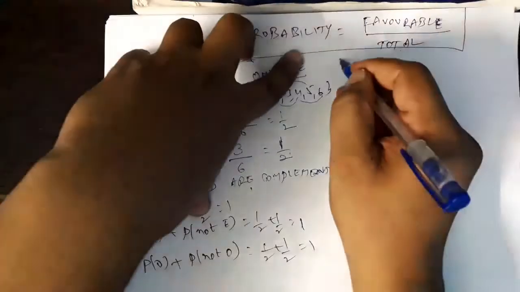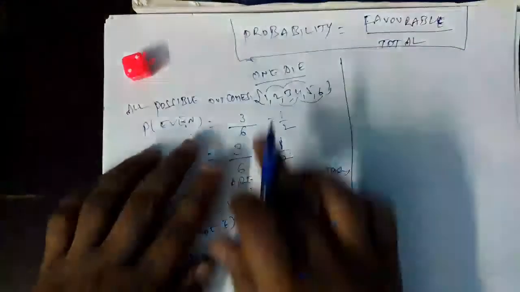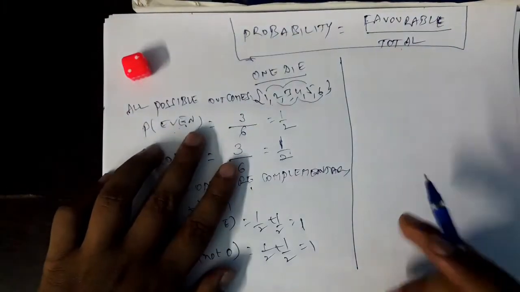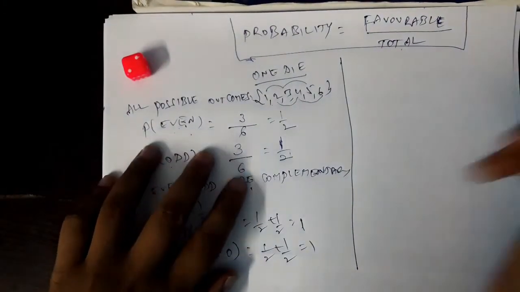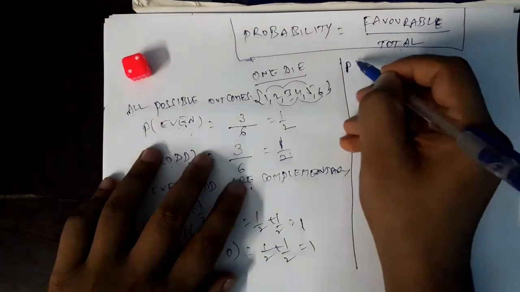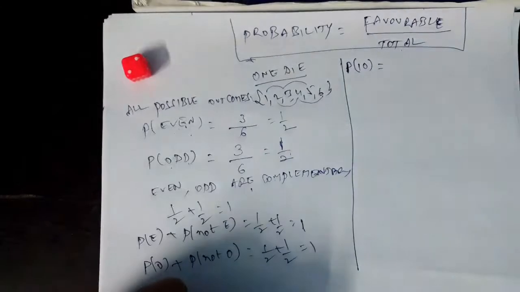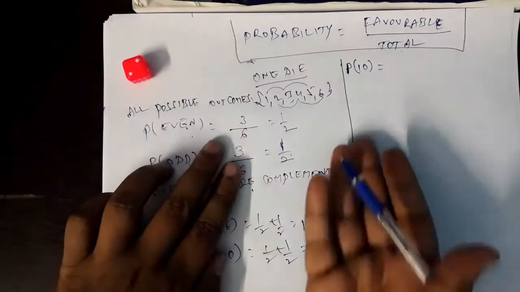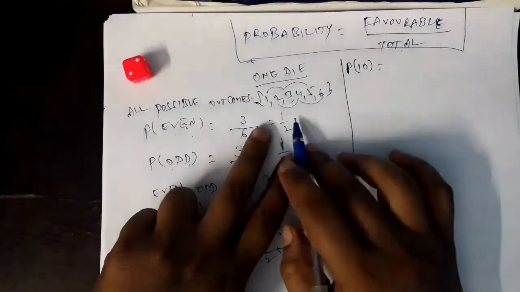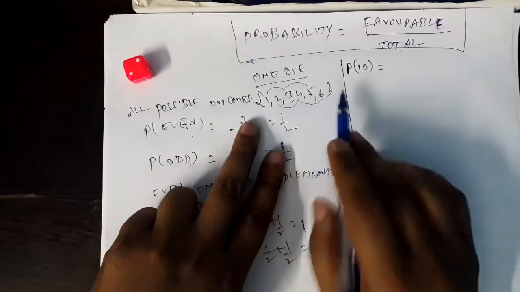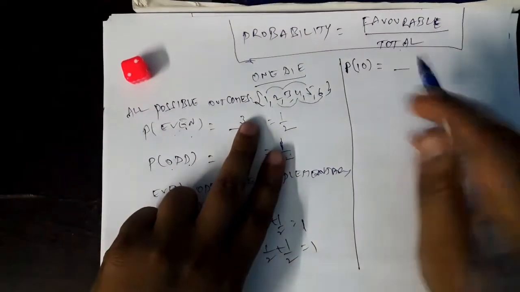See, next point is this. You have rolled one die. You tell me what is the probability for getting a face 10? Tell me. You have thrown a die. What are possible outcomes? 6. These 6 are possible. My question is, what is the probability of getting face 10?